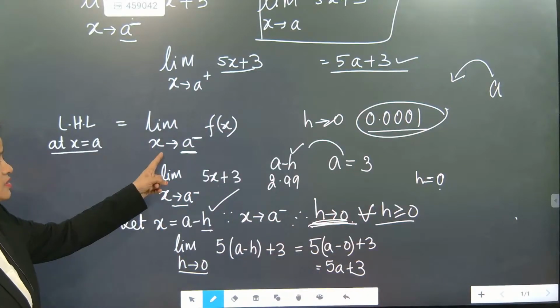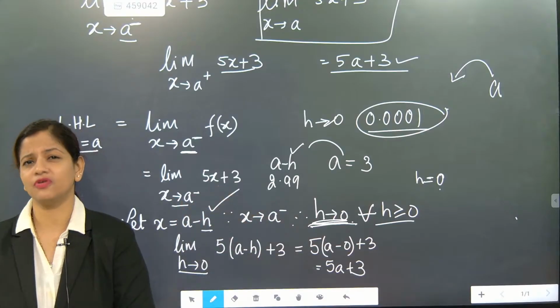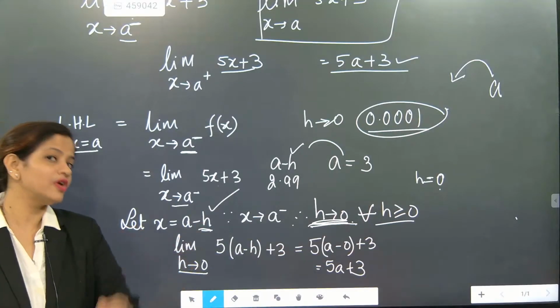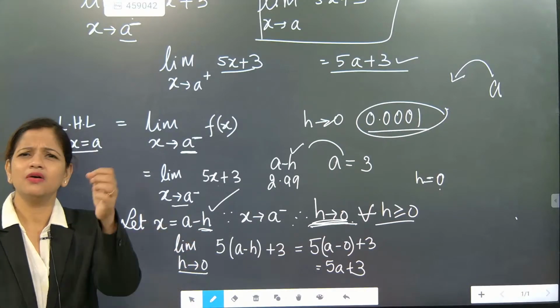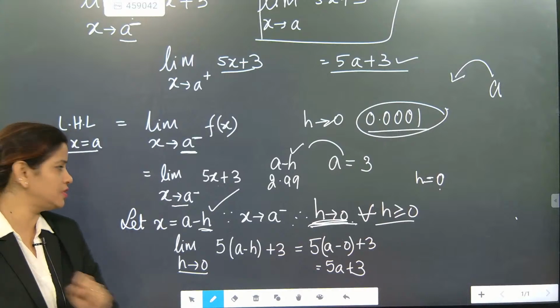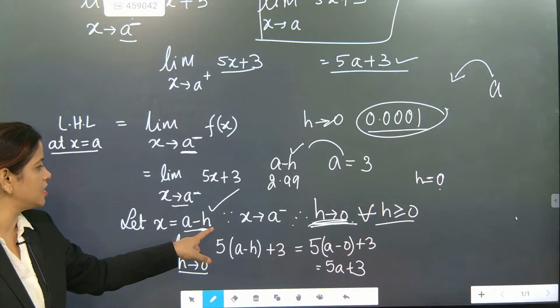If I have written this one, it means I am left of it. But there should be one proof that I am left of it. Who can give me my proof? So this h will give me my proof. What is h? h is a number which is very near to 0 but not exactly equal to 0. If I put minus here, then it will become a minus h.